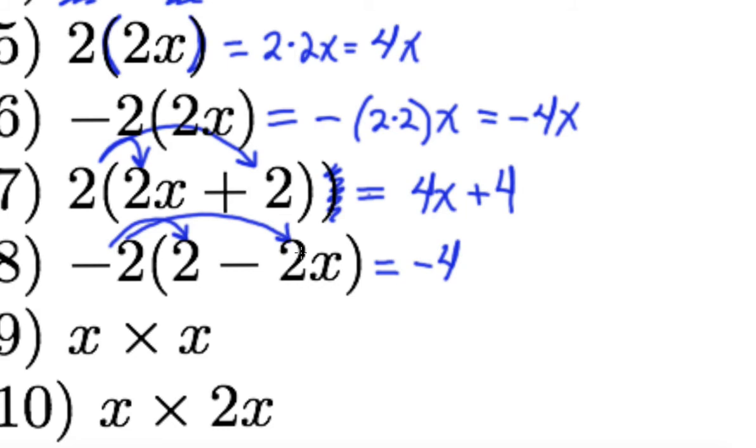Negative 4, right? A negative times a positive is a negative. Here we have a negative times a negative gives us a positive, like you said. But we've got to bring along the x. So negative 2 times negative 2x would give us what? Good job. Positive 4x.